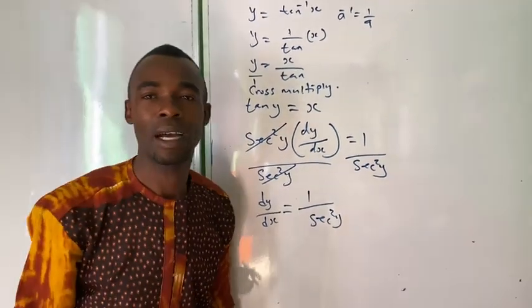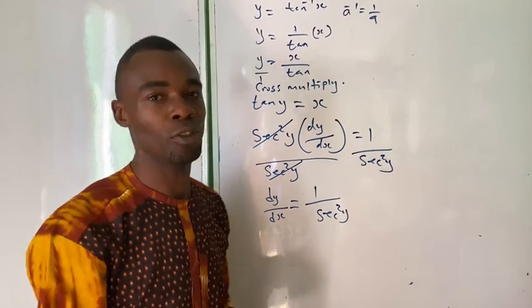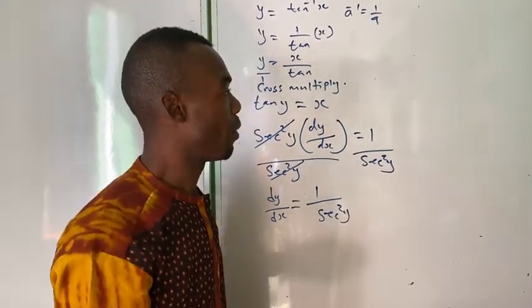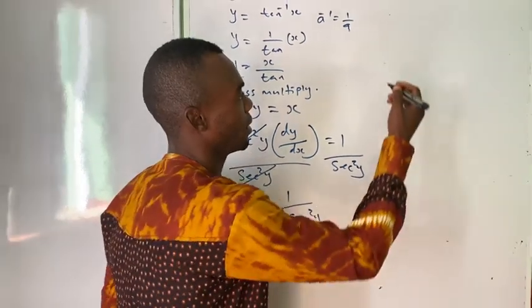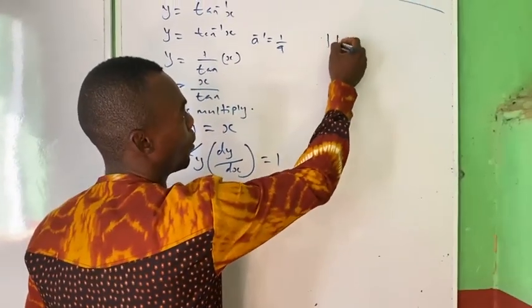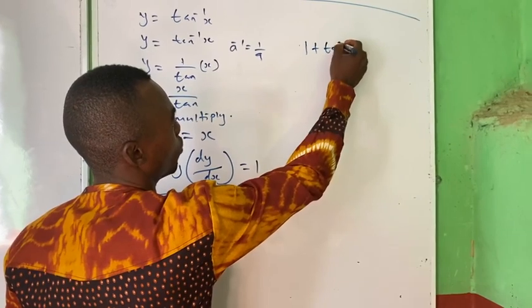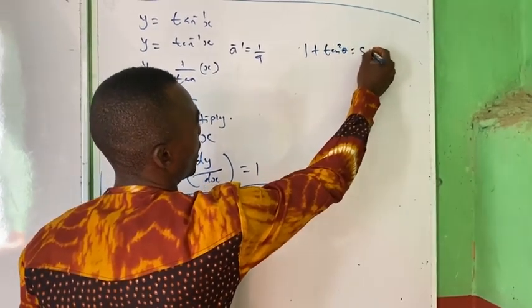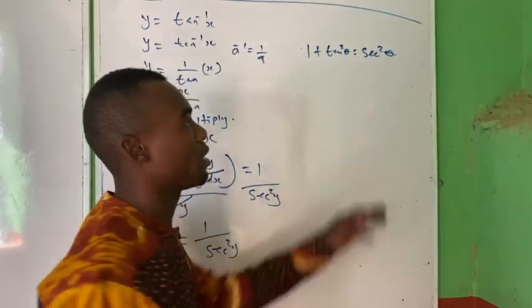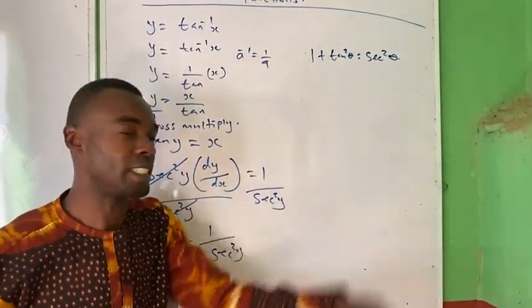Now in our trigonometry identities, we have that 1 plus tan squared theta is equal to sec squared theta. This is one of our trigonometry identities.